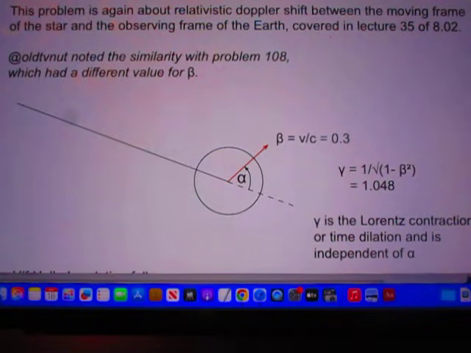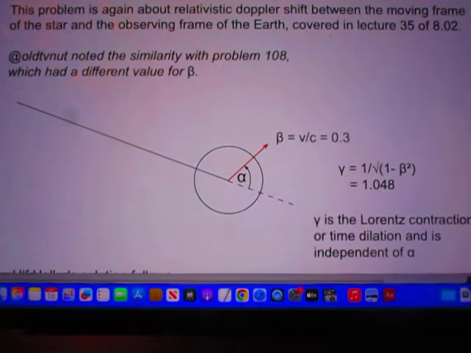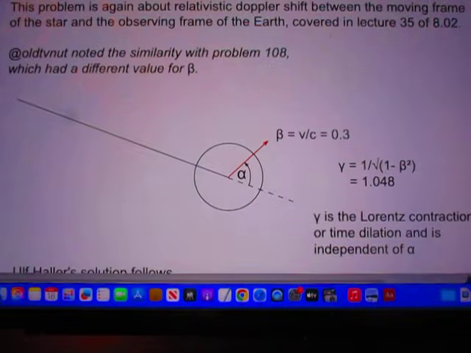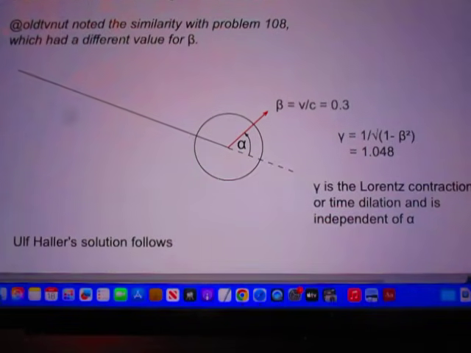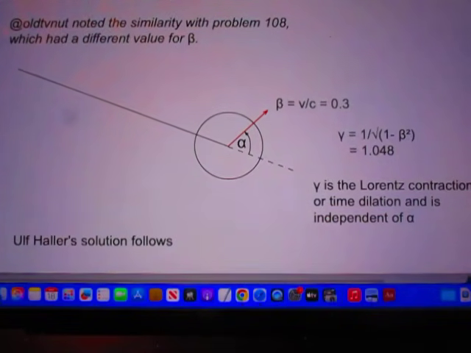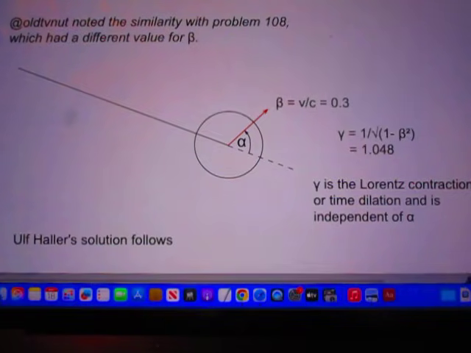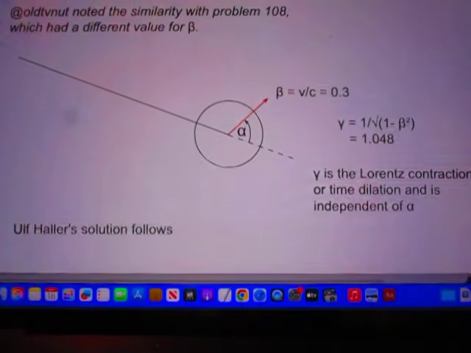I covered that in my lecture 35 of 802. This problem is similar to my problem 108. The only difference is the values of beta.